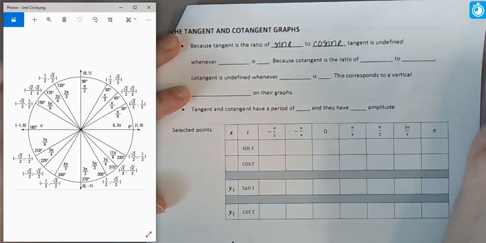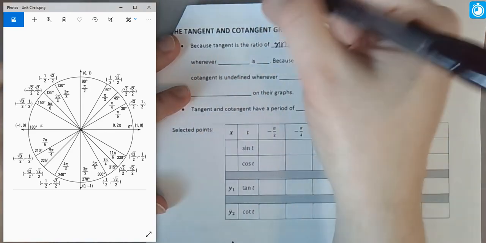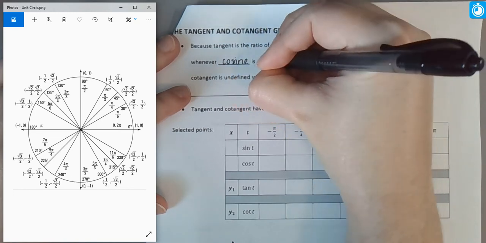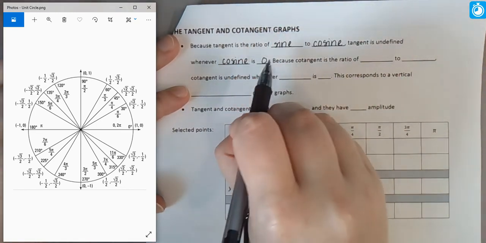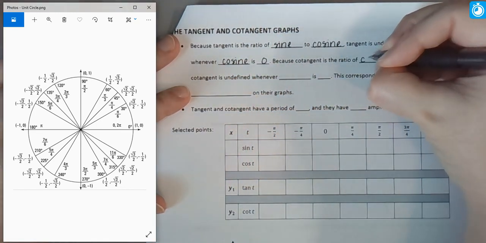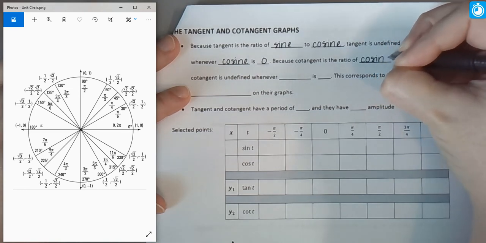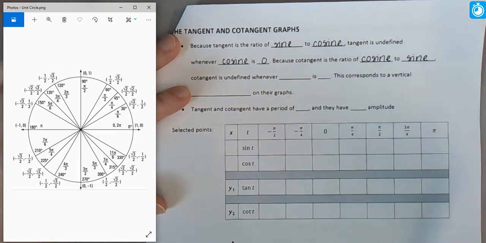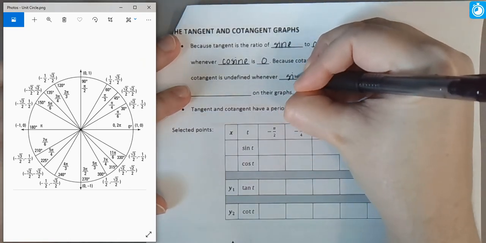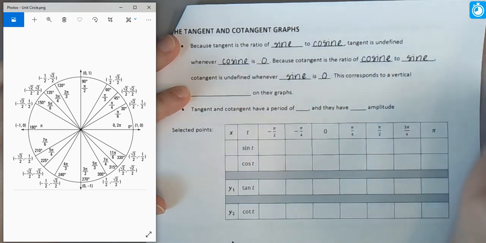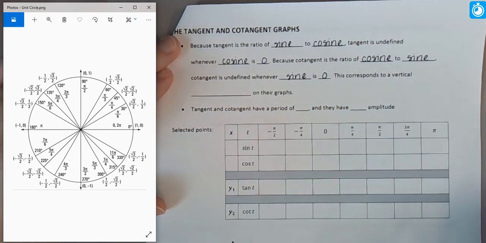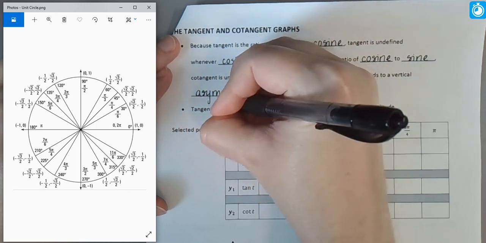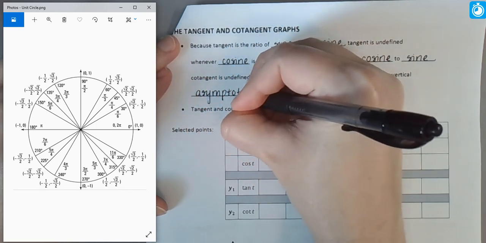So for that reason, tangent is going to be undefined whenever cosine, whenever that denominator, is 0. And then cotangent is the reciprocal, so it's the ratio of cosine to sine. So it's undefined whenever sine is 0. And as with our secant and our cosecant, this corresponds to a vertical asymptote on those graphs.